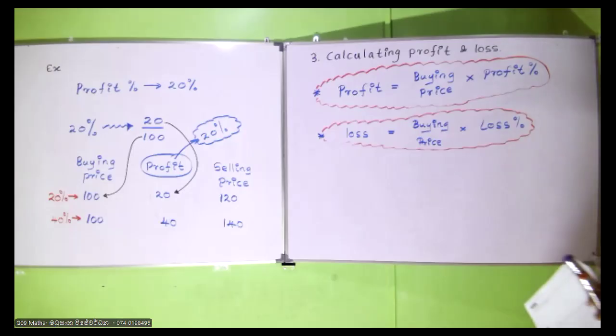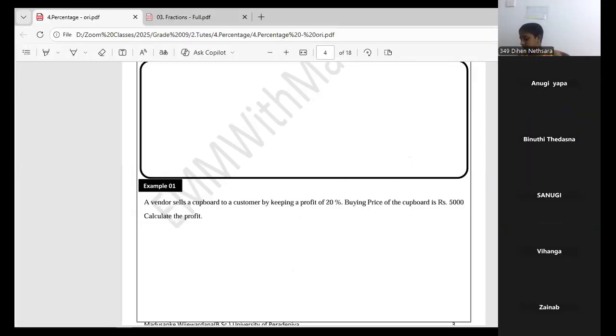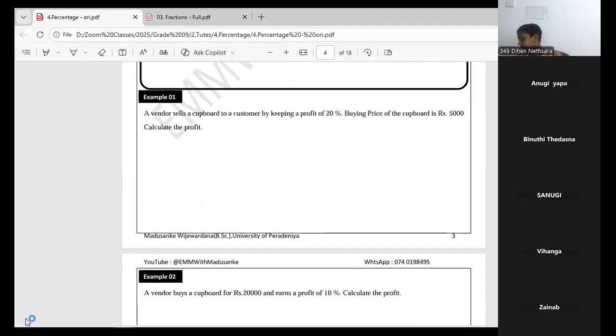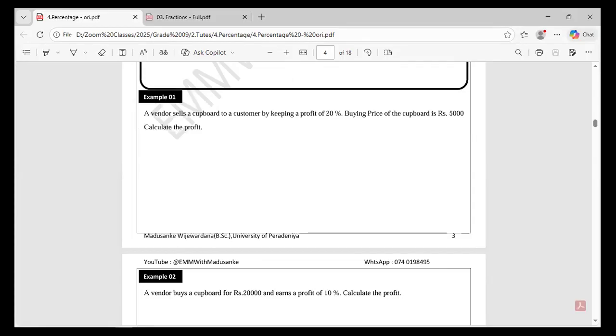Then we are going to move to example number 1. A vendor sells a cupboard to a customer by keeping a profit of 20%.